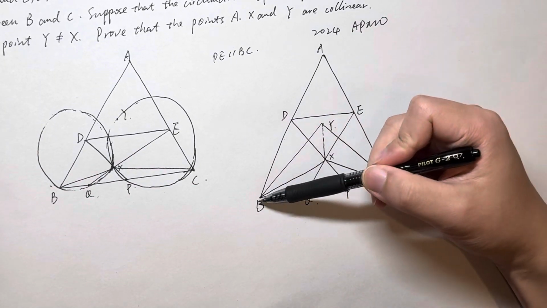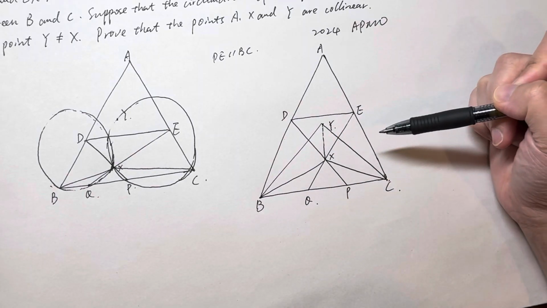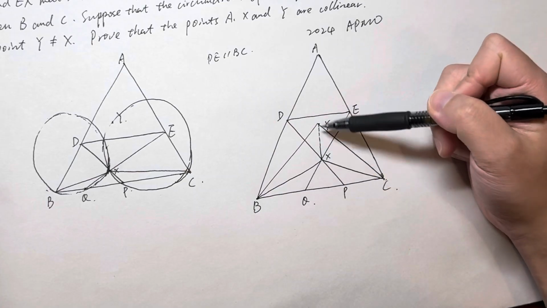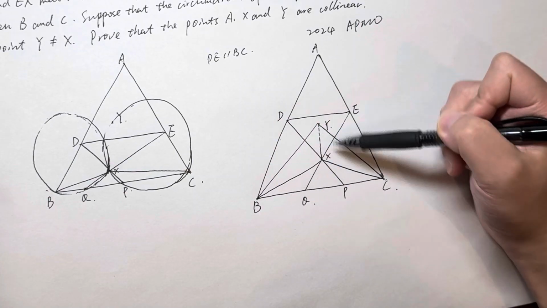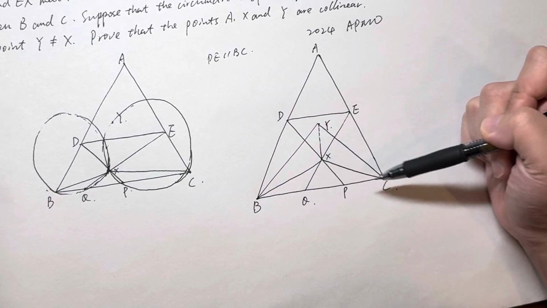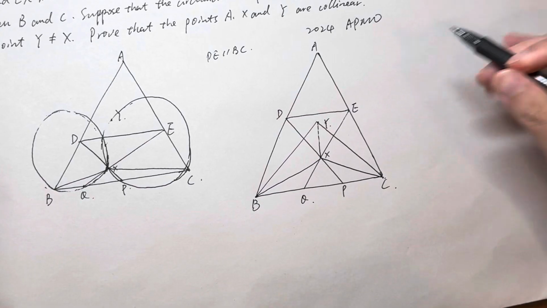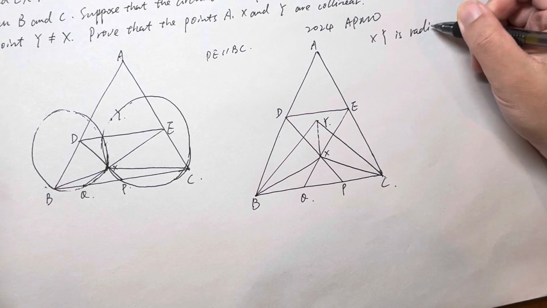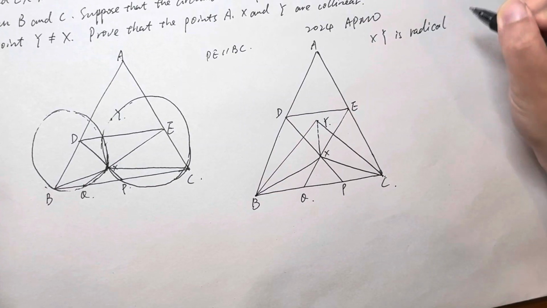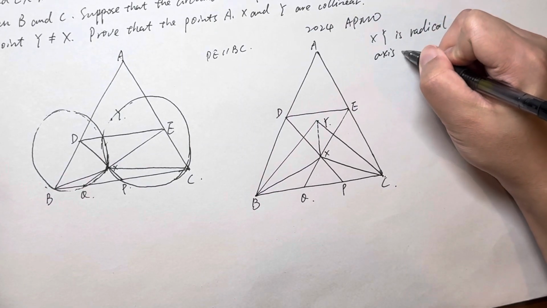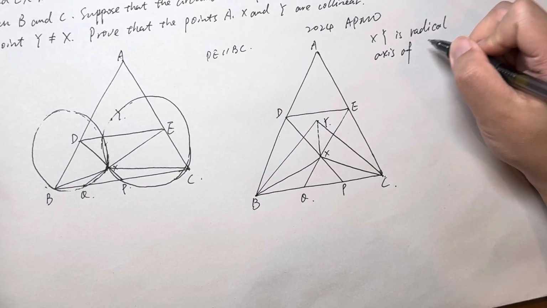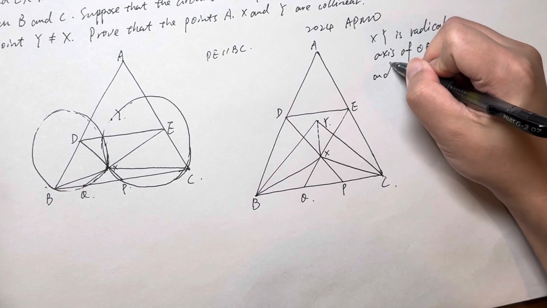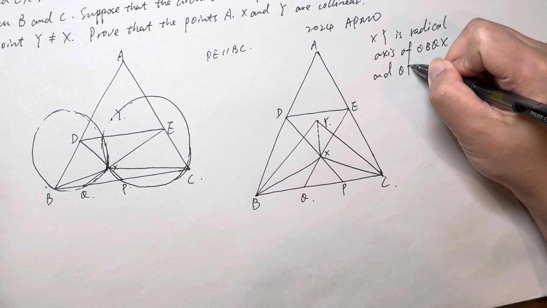Think about that BQXY are cyclic and CPXY are cyclic. That means XY is the radical axis of the circumcircle of triangle BQX and the circumcircle of triangle CPX, right? So XY is the radical axis of circle BQX and circle CPX.